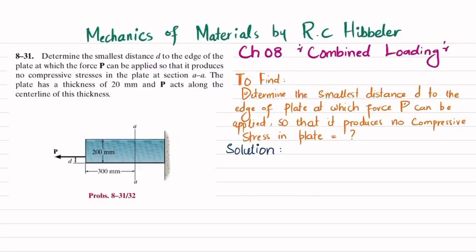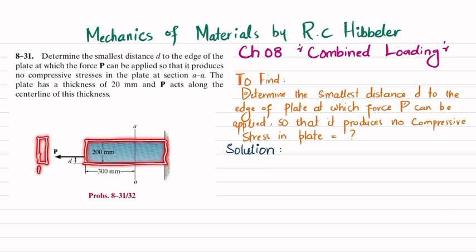Welcome back. Problem 8-31. The statement of the problem is: determine the smallest distance d to the edge of the plate at which the force P can be applied so that it produces no compressive stress in the plate at section AA. The plate has a thickness of 20 millimeter and P acts along the center line of this thickness. So you can see this is the plate, this is the frontal view, and the side view will be this one.